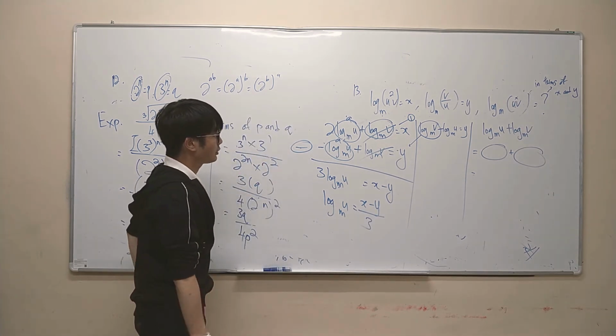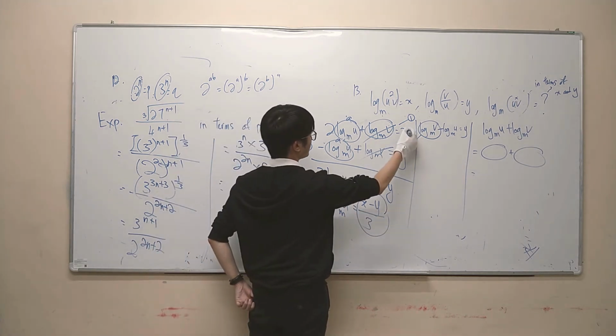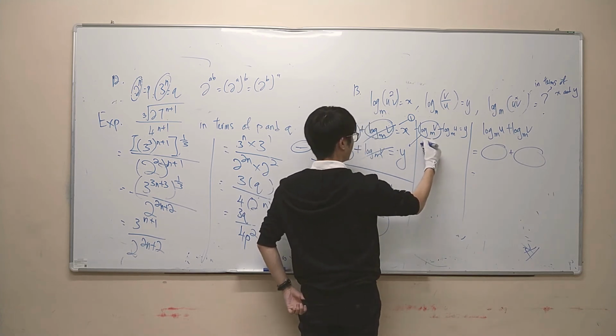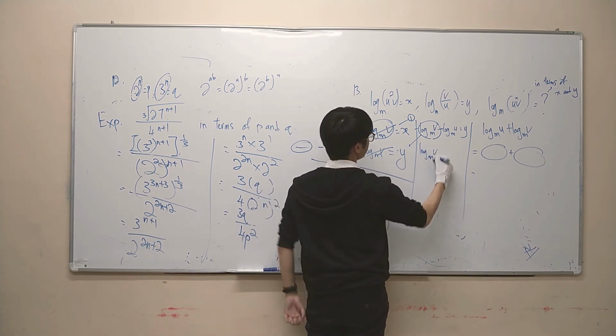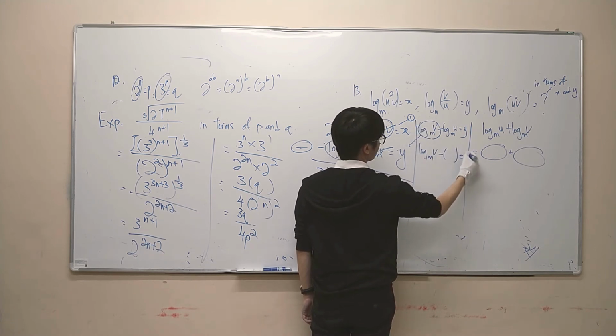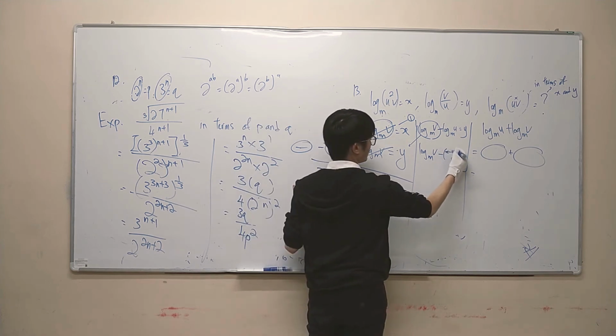So how to find log v base n? I need to substitute back into the original equation. You can substitute into either one. I will substitute here. So it becomes log v base n minus log u base n equals y. And I already know my log u base n is x minus y over 3.